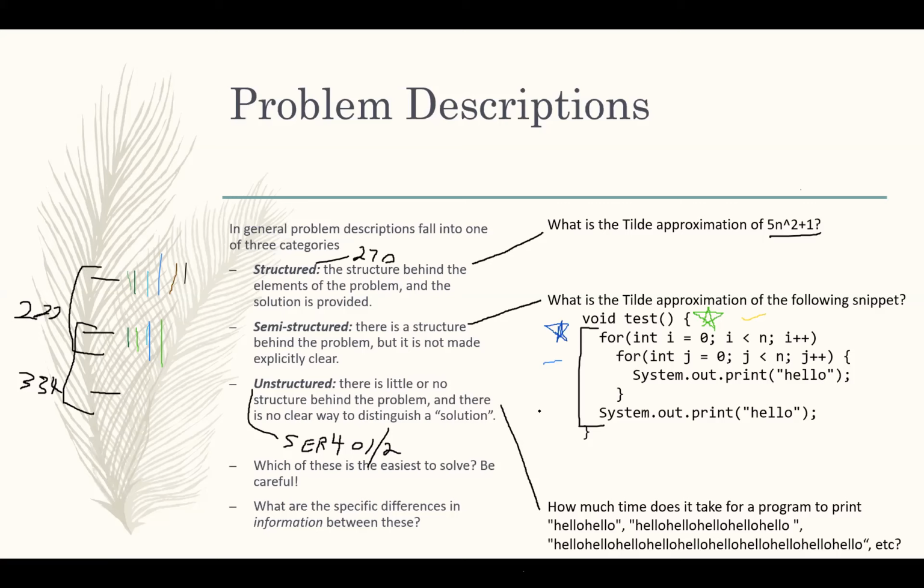All right, so questions there for you guys at the bottom. Which of these is easiest to solve? And the be careful remark is kind of important. Jacob, what you got for me? I guess you would usually think possibly the structured problem would be the easiest to solve.